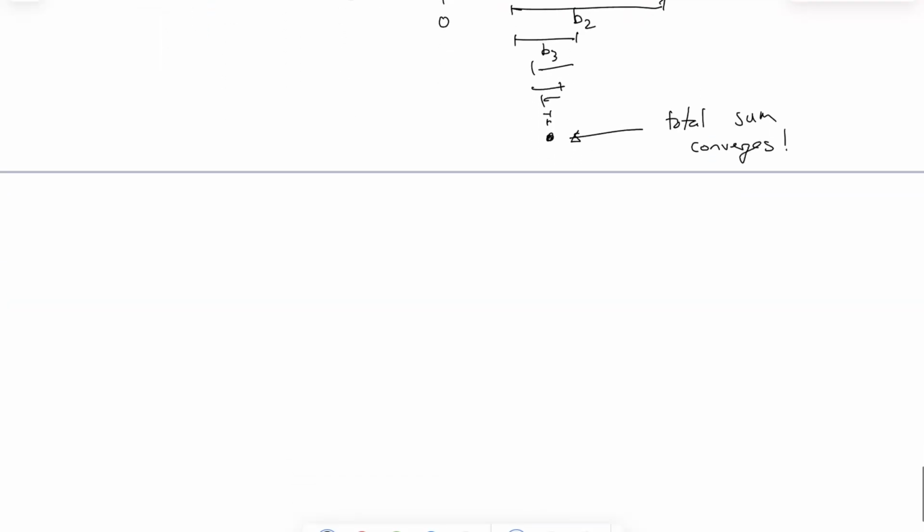Let's try this. The simple example is the alternating harmonic series, with (-1) to the n-1 here. This is the alternating harmonic series. Now, we have to first off just decide what the B's are. This is my original series.